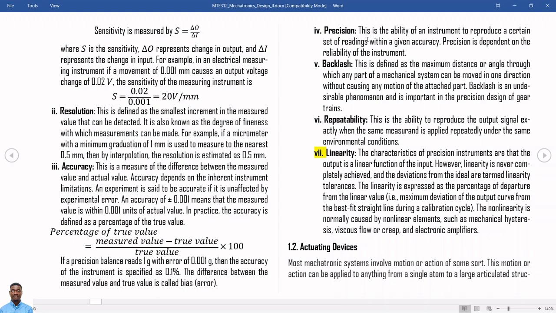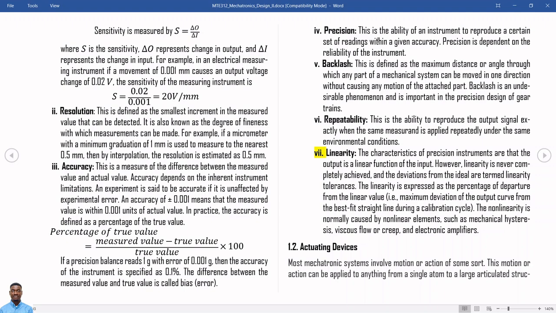Then we also have precision. Your precision is the ability of an instrument to reproduce a certain set of readings within a given accuracy. What are we saying here? When we say precision, for instance, I have a sensor that is being used to measure voltage, like a voltage sensor.